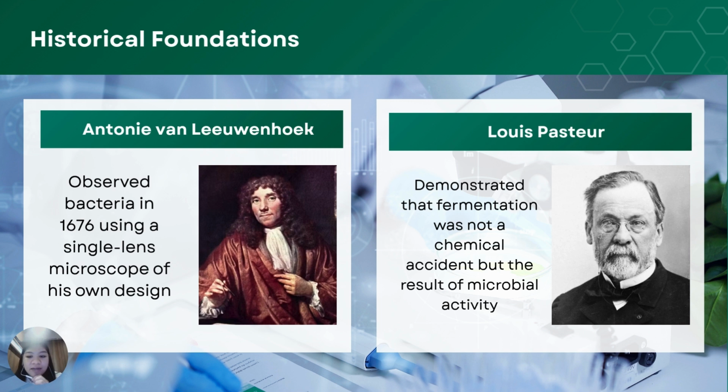Our understanding of microbes began with Anthony van Leeuwenhoek, who first observed bacteria in 1676 using a single lens microscope of his own design. He called these creatures animalcules. And then, a century later, Louis Pasteur demonstrated that fermentation was not a chemical accident, but the result of microbial activity, which disproved the old belief in spontaneous generation.